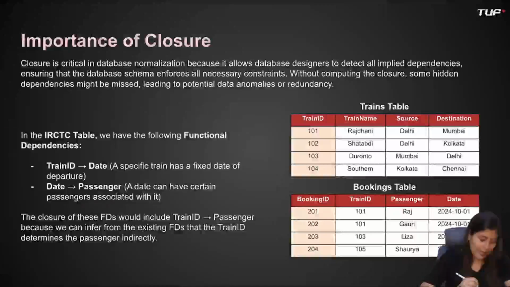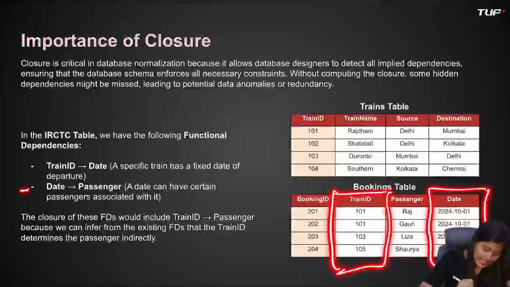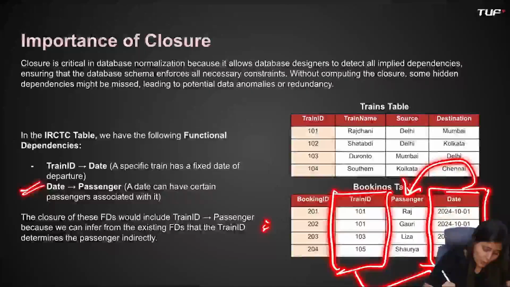In an IRCTC example, let's suppose we have the following functional dependencies. Train ID in the booking table determines date. Now date determines passenger. Now the closure of functional dependencies will include train ID determines passenger. That is because of transitivity, because we said train ID determines date and date determines passenger.